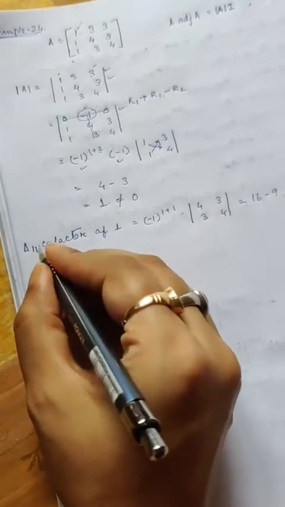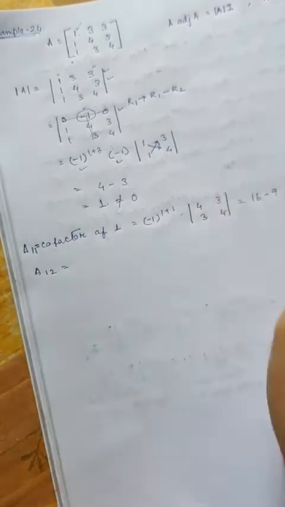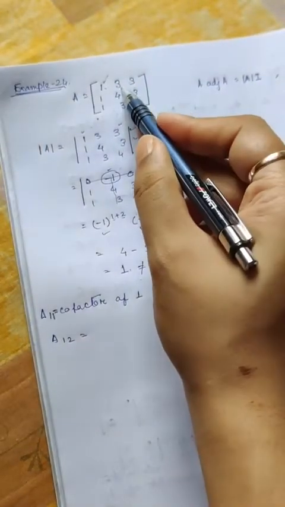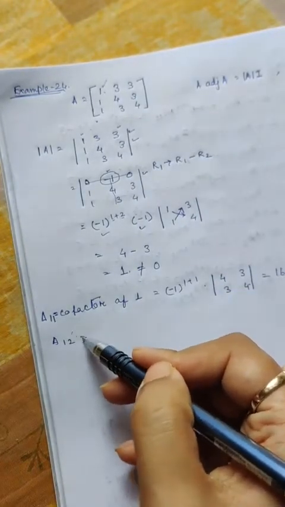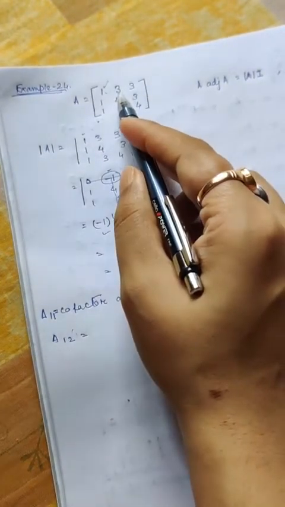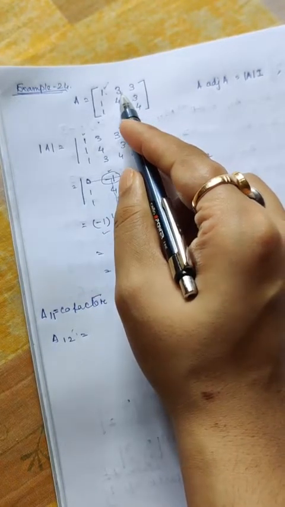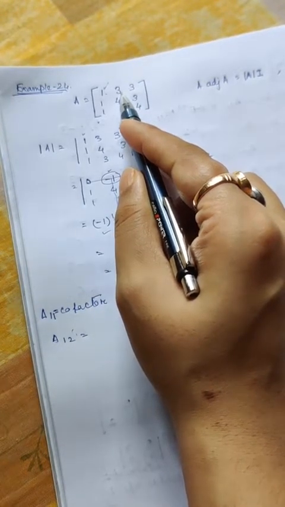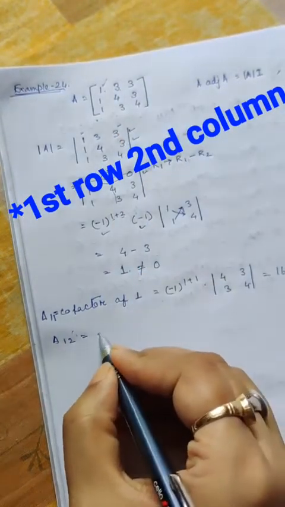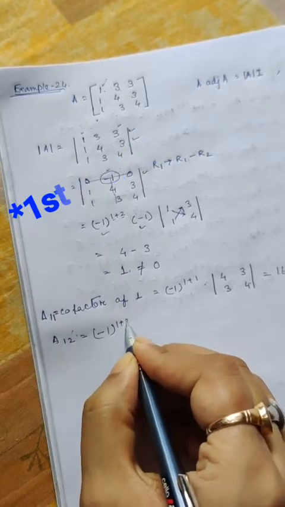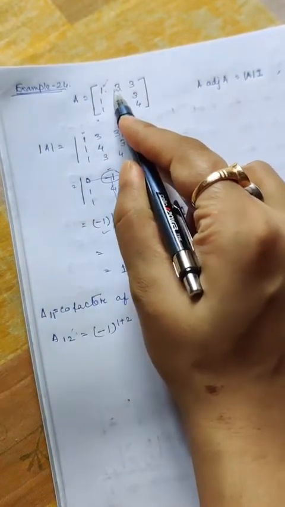Now we will write A12. A12 means cofactor of this 3. A12 means first row second column, so 3 is in first row second column. So for this we have to write minus 1 to the power 1 plus 2. And for this 3 we have to exclude the first row second column.